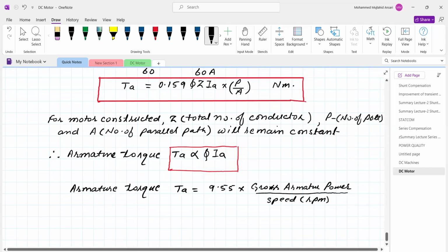So we can write the above equation as armature torque TA equals 9.55 into EB into IA divided by N, where N is the speed. So this is the armature torque. So we can calculate the armature torque from this relation.